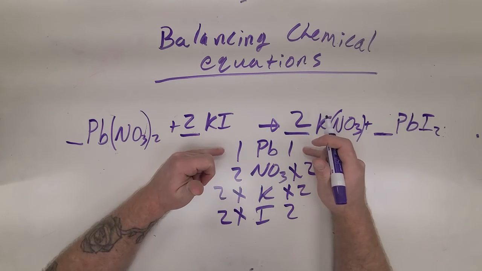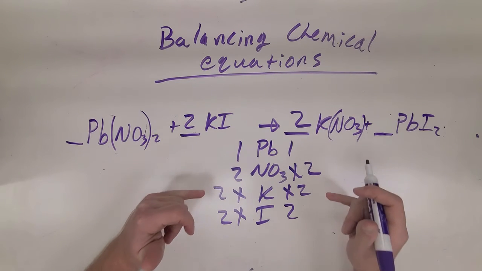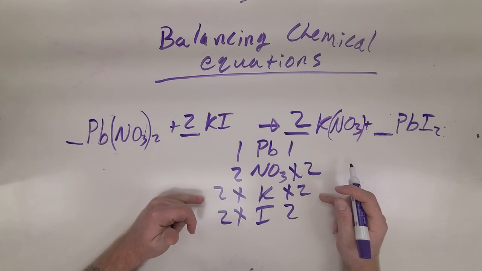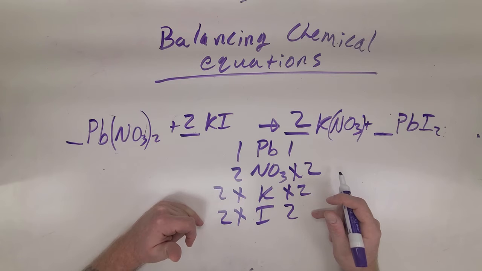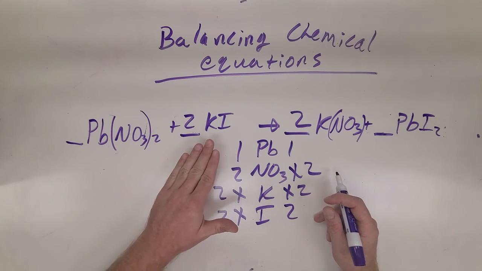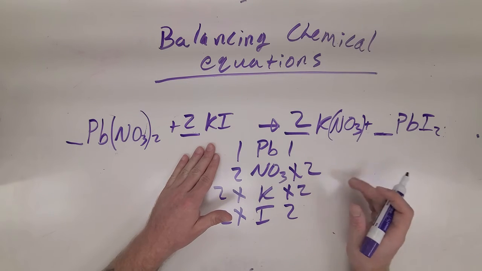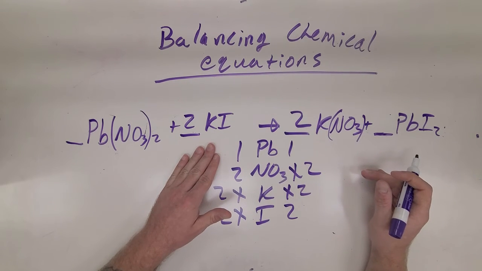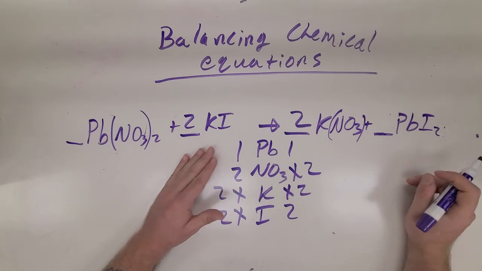We got 1 lead on each side, 2 nitrates on each side, 2 potassium on each side, 2 iodine on each side. So that means for every 1 lead nitrate and 2 potassium iodide, we produce 2 compounds of potassium nitrate and 1 compound of lead iodide.